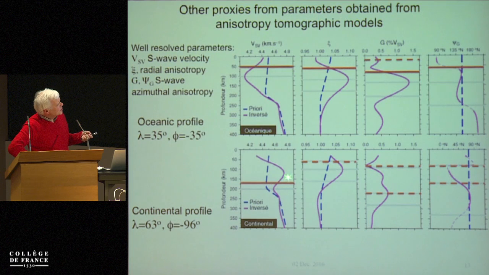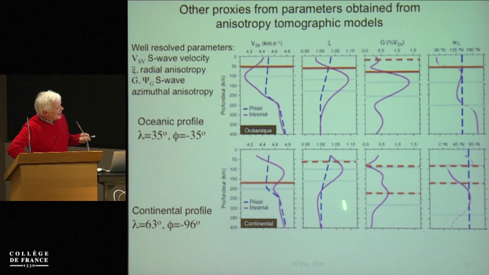For continents, it's much more difficult. Well, we can do some work from SV velocity. For the radial anisotropy, it's much more difficult, and we will not try to show any results except for the Indian continent, but not at the global scale.